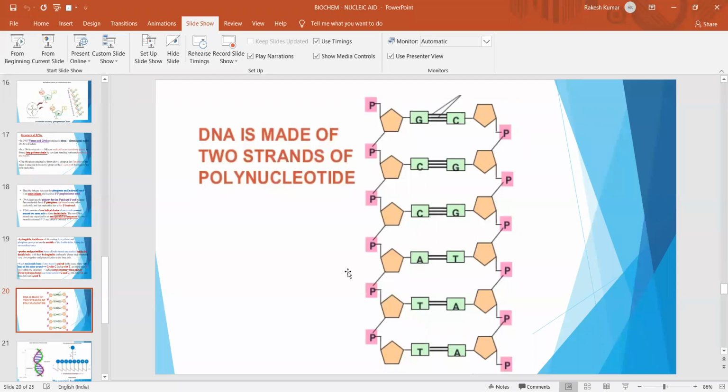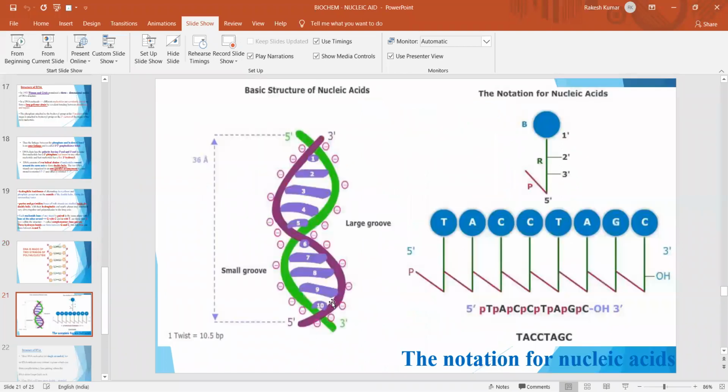And both of these strands are joined together by hydrogen bonds between nitrogen bases. That is, guanine is attached to cytosine with 3 hydrogen bonds, and adenine is joined to thymine with 2 hydrogen bonds. This is the basic structure of DNA.